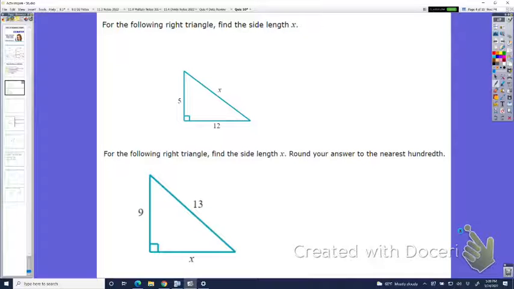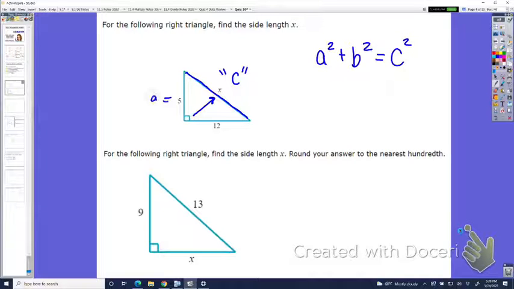And then it goes into a little Pythagorean theorem. This is a right triangle. The one across from the right angle is always the C value in a squared plus b squared equals c squared. So C is always the hypotenuse. These legs are what the A and B values are. So we could substitute those in and say 5 squared plus 12 squared equals c squared, or in this case x.